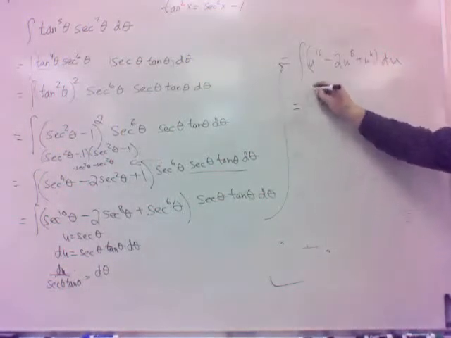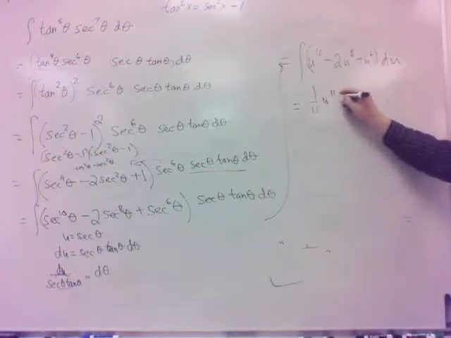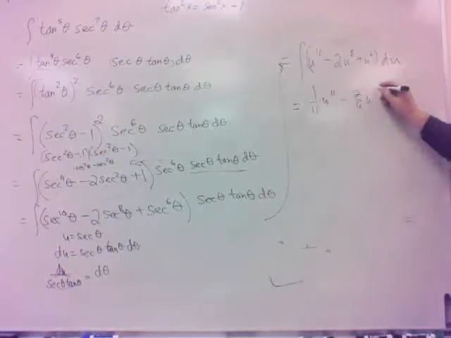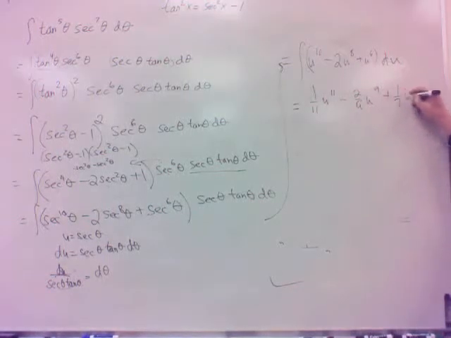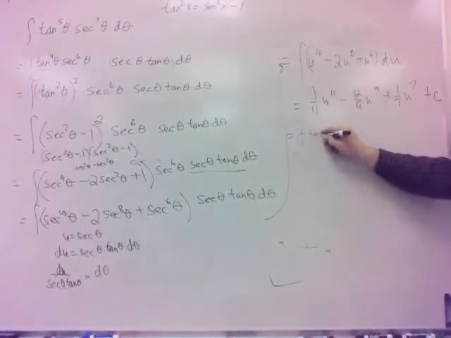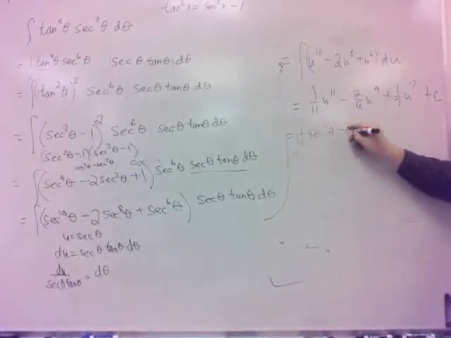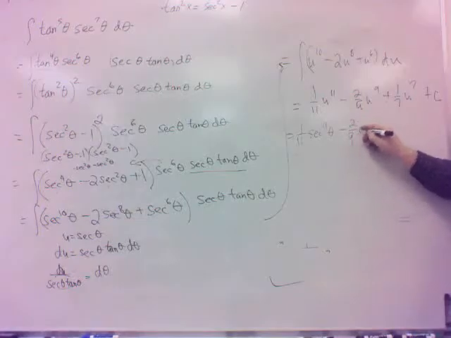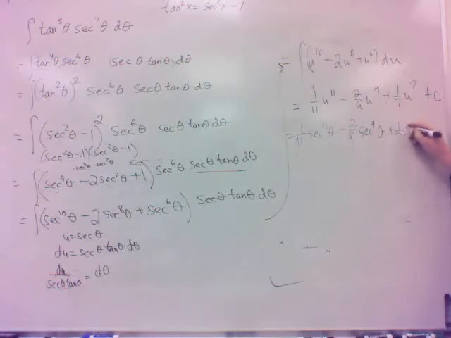Now, just power rule. 1/11 u to the 11th, minus 2/9 u to the 9th, plus 1/7 u to the 7th, plus c. Go back to secant. 1/11 secant to the 11th theta, minus 2/9 secant to the 9th theta, plus 1/7 secant to the 7th theta, plus c.